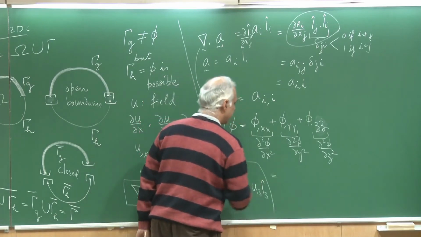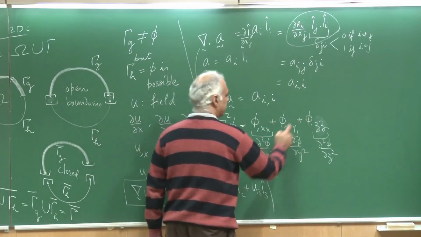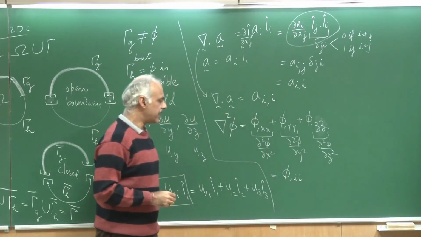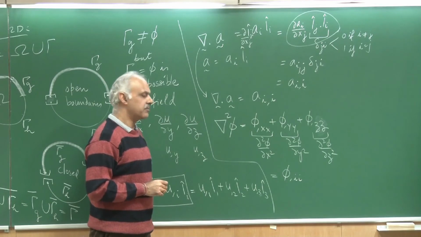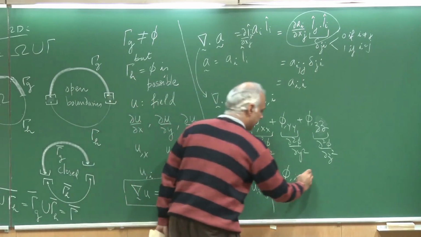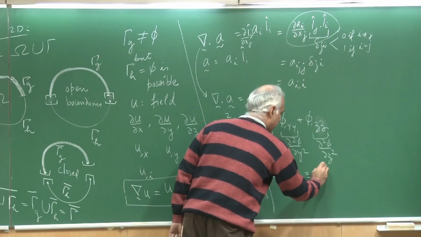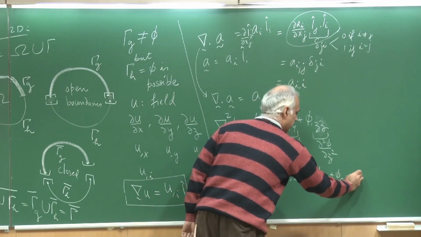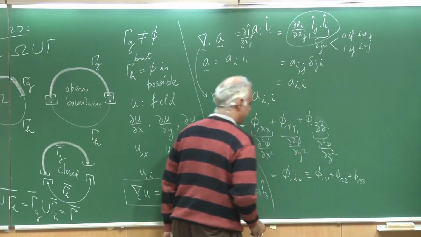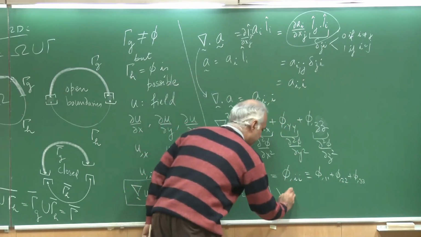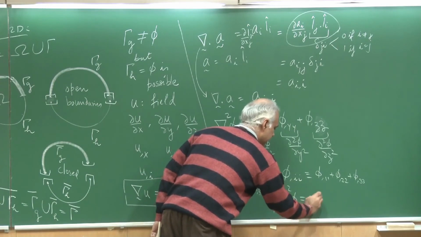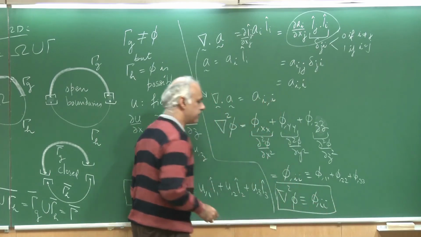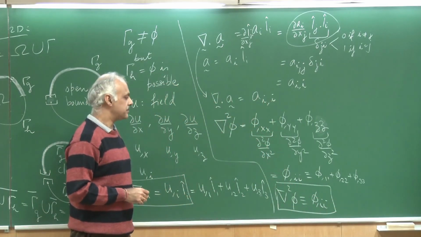I can write these 3 terms in a very compact notation as simply phi comma ii, where i is getting repeated, and that would imply summation. So this term actually implies phi comma 11 plus phi comma 22 plus phi comma 33. So the Laplacian of phi is simply phi comma ii, where the repeated index implies sum.